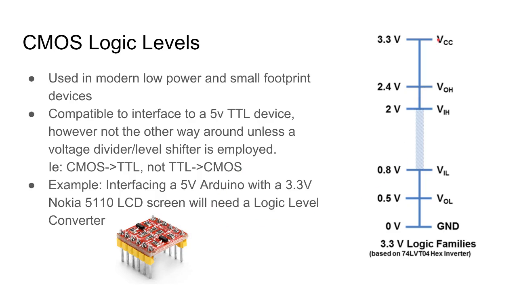And on the right, I've just got a representation of what the logic levels are for the CMOS. You can see it's a maximum of 3.3 volts, and the VIH represents the minimum input voltage for a high level, so input high, and the CMOS device will output a minimum high output level of 2.4 volts.